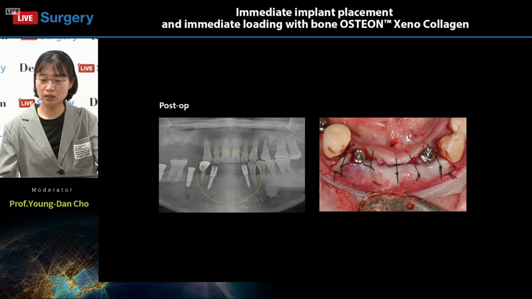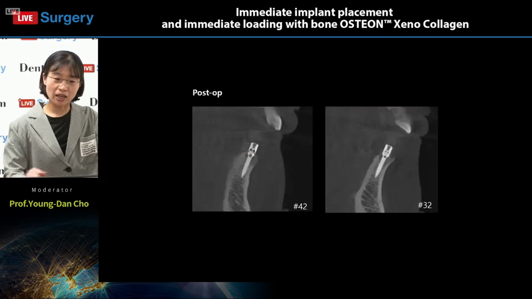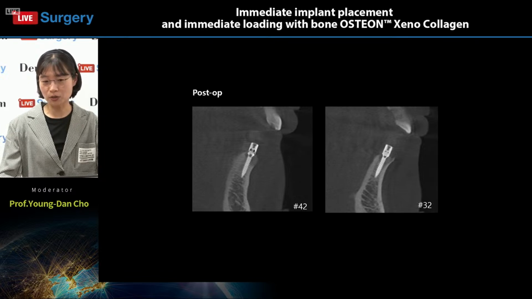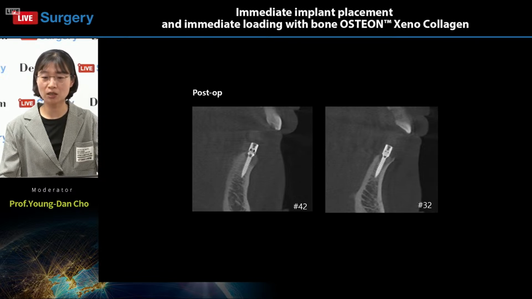We can see the suturing is very good and the surgical site is very clean, right? And also we can see the implant is placed at the center of the ridge. And the OSTEON Collagen bone graft was successful, right?